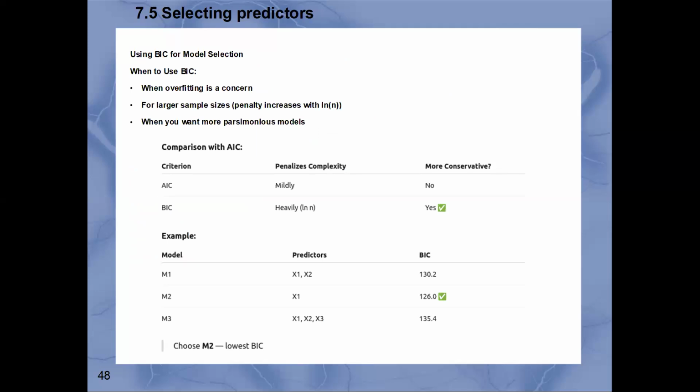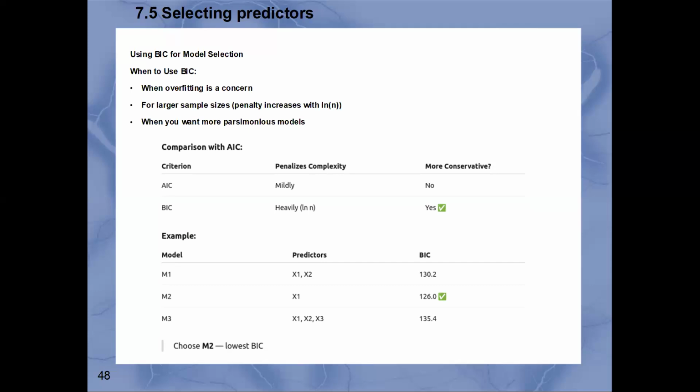So if we're using BIC for model selection, when to use it: when overfitting could be a concern, and for larger sample sizes, since the penalty increases with the natural log of n. So you want less complex models, and this will be a measure of it.